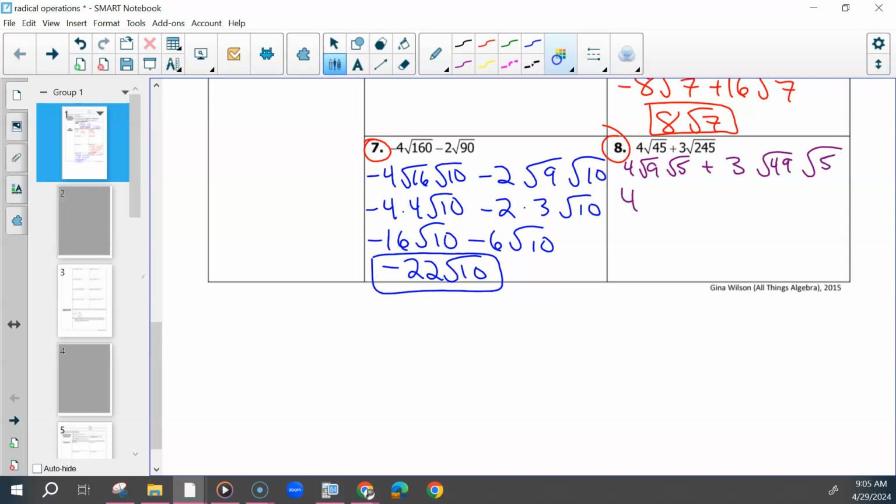We have 4 times 3 root 5 plus 3 times 7 root 5. 12 root 5 plus 21 root 5 would give us 33.